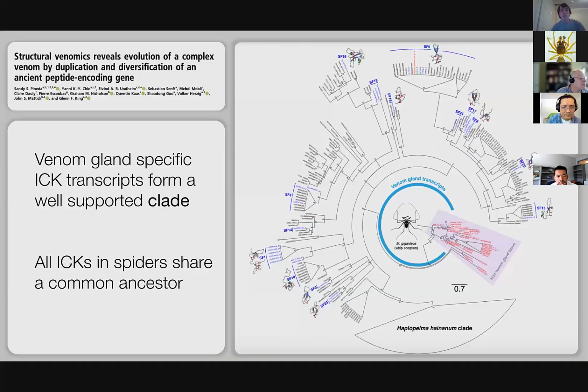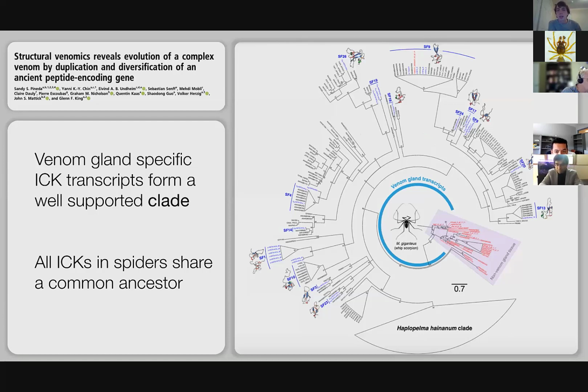A recent paper investigated the evolution of inhibitor cystine knot toxins. It was the biggest investigation that used structural data to find that ICKs in spiders all share a common ancestor.